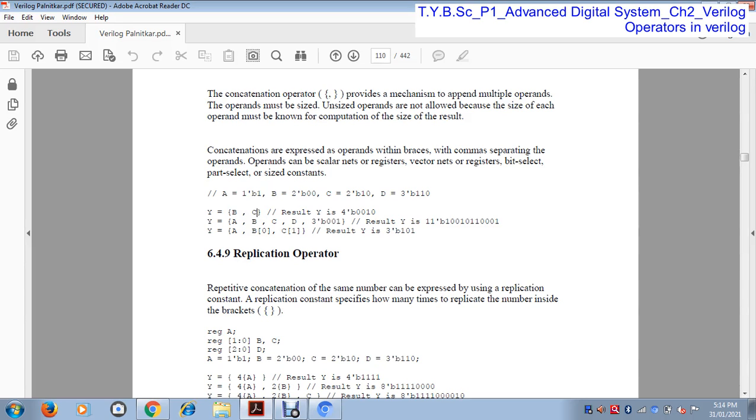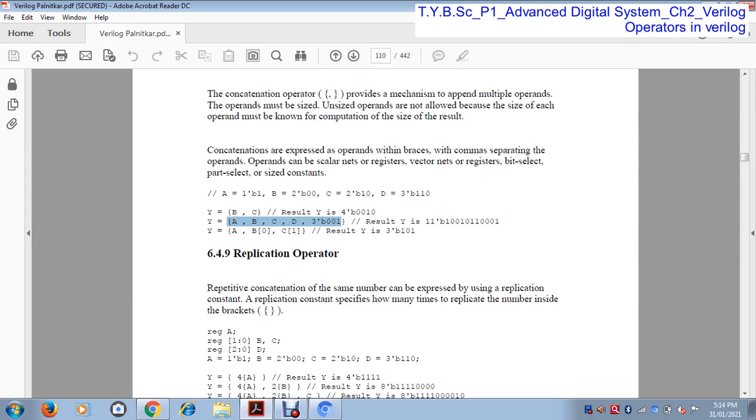So how do we write b and c? By using curly brackets. Therefore there are two operands, therefore we use the concatenation operator. The concatenation operator defines that there are multiple operands. Now y is equal to a, b, c, d. In this case there are four operands.